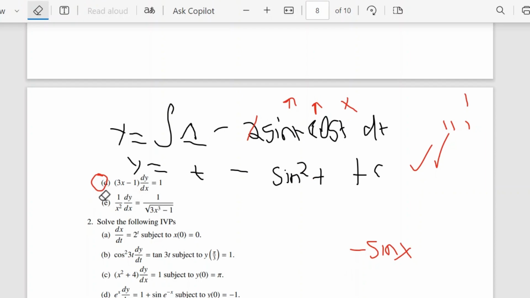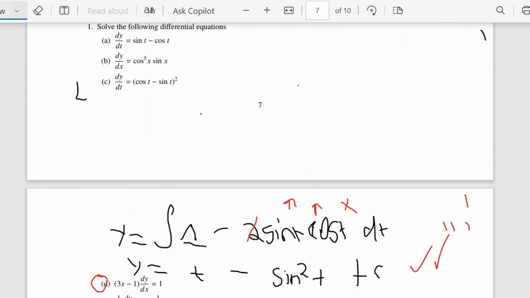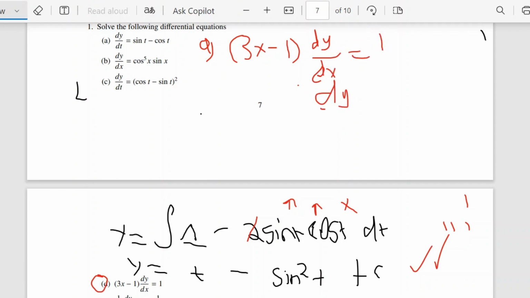Now, number D is just saying 3x minus 1 dy over dx is equal to 1, right? Then dy over dx is equal to 1 over 3x minus 1.